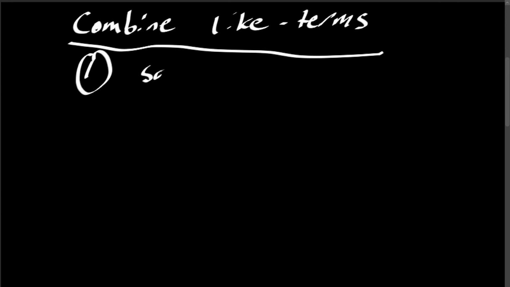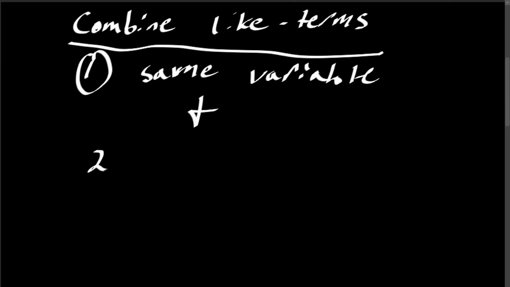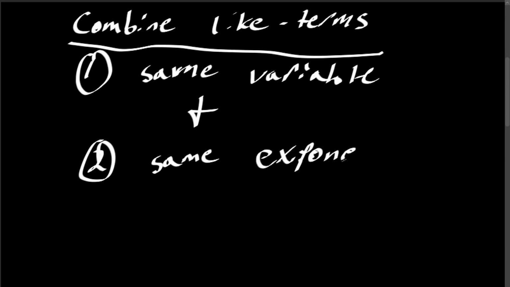You need the same variable, which we know is just a letter, and then we need to have the same exponent. I'll probably have another video just doing some examples of this, so be sure to go check that out if you have a little bit of trouble with combining like terms.